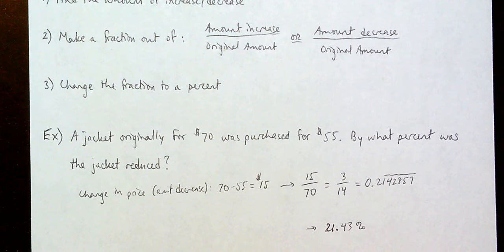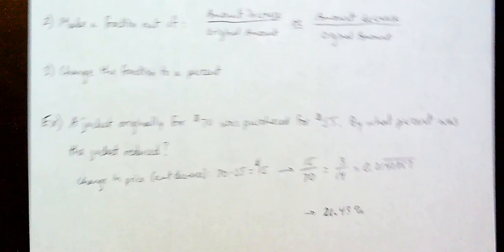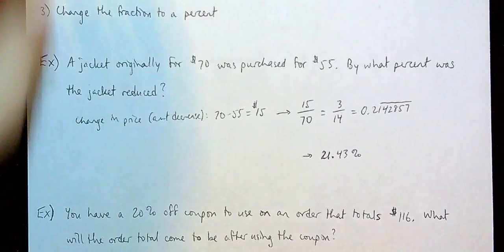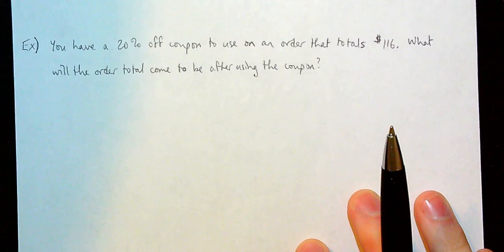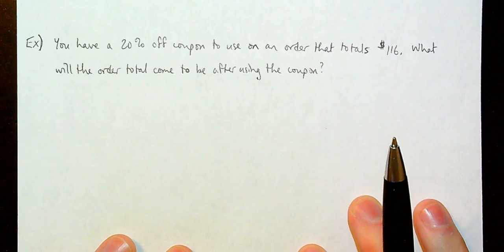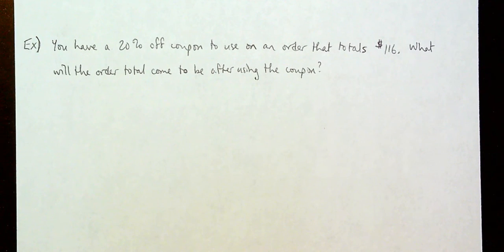You calculate that difference, you divide it by the first listed price, you get a fraction. Take that fraction, convert it into a percentage.